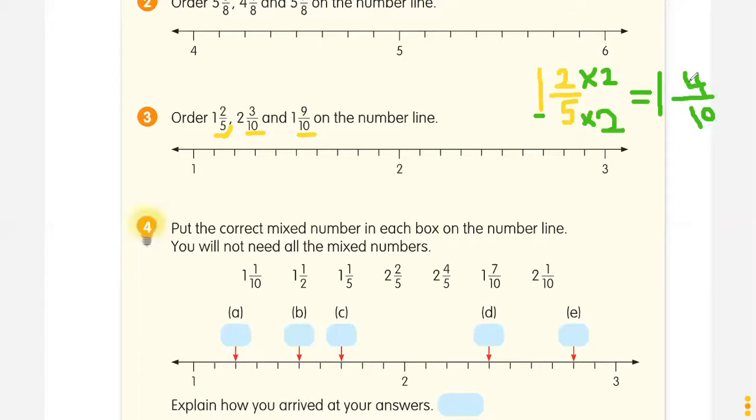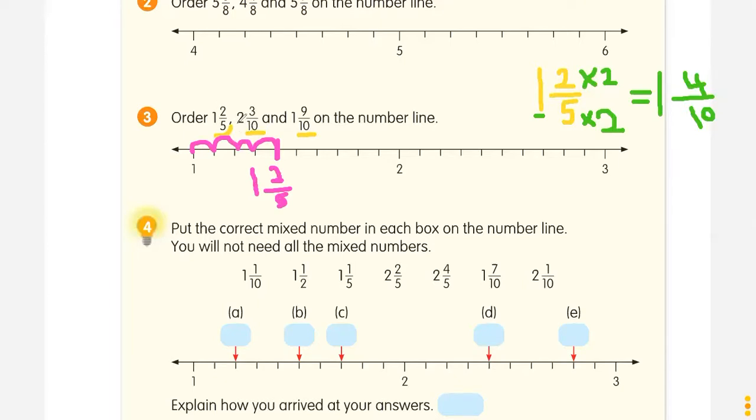Let's look at the fraction, 4 over 10. So this means I'm going to jump how many times? 4 times out of 10 parts. 1, 2, 3, 4. So it's going to be here. And then I'm going to write it as it's written in the question, 1 and 2 over 5. Yes, we know that 1 and 2 over 5 is 1 and 4 over 10, but I'm going to write it down as it is written in the question.